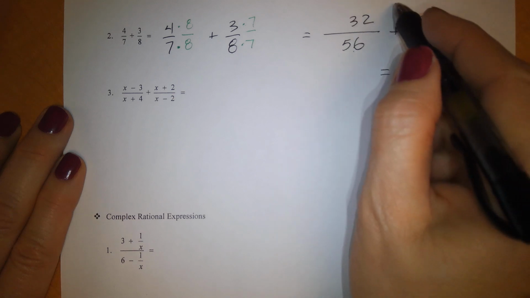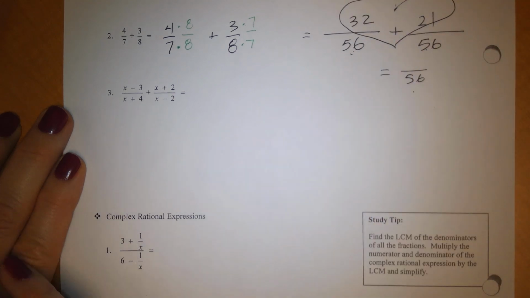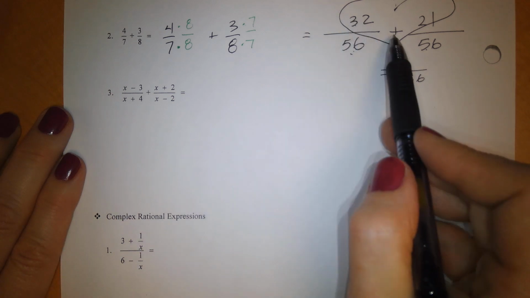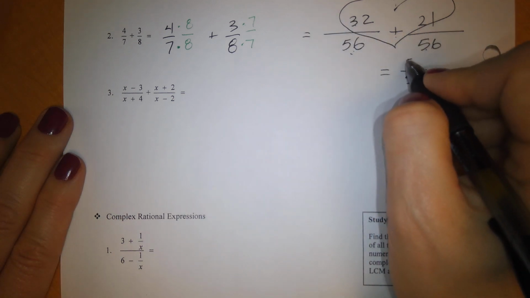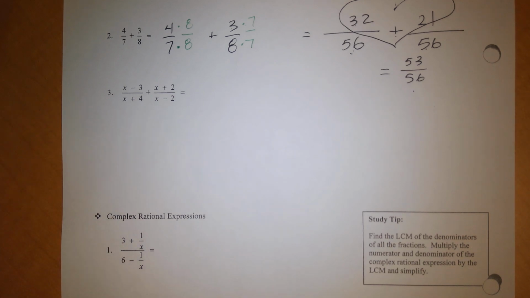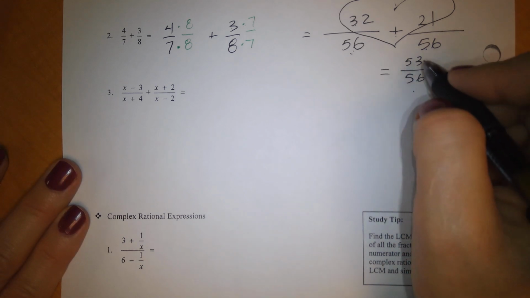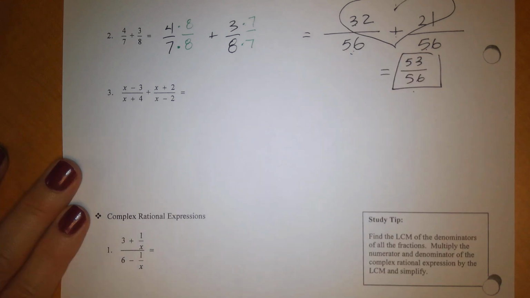Now I can go ahead and add all of this together, because it's all over the same common denominator. 32 plus 21 is 53. Now, if there was anything I could do to reduce that fraction, I would do so at this point. So 53 over 56 is the final answer.